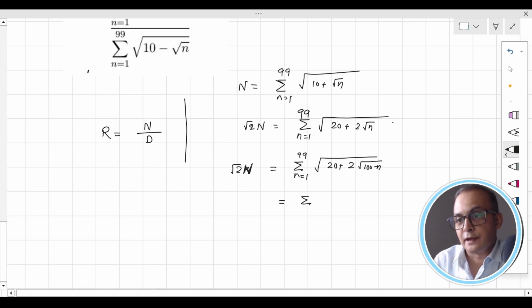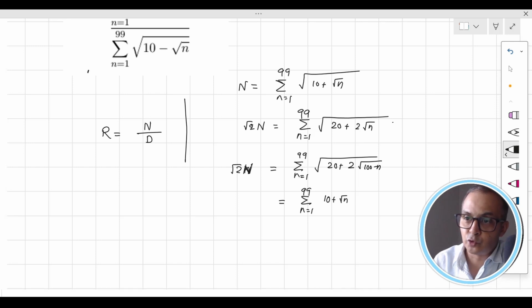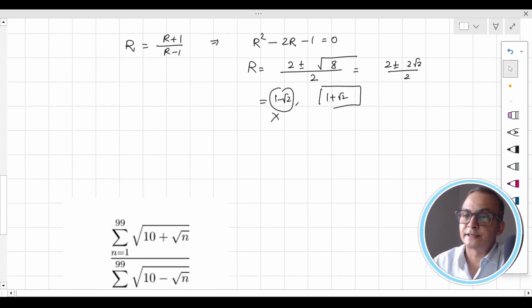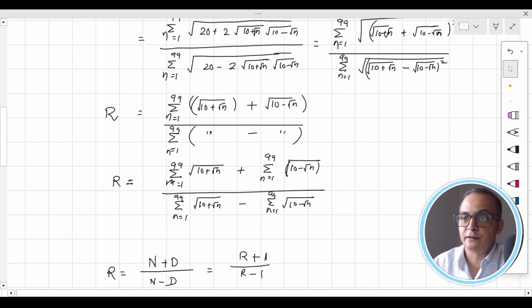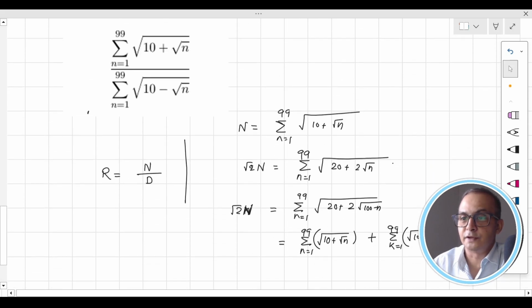And here I'm not going into detail because you know how to do this. So this will become again 10 plus root n, the square root, and plus summation k goes from 1 to 99, 10 minus root n with the square root, because we get the same thing here back there in the numerator when we did the first method.